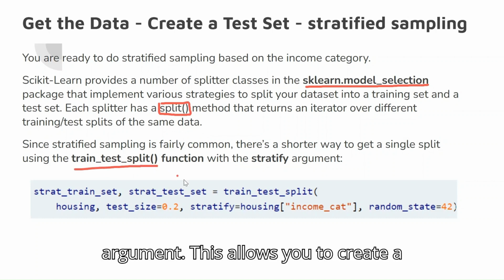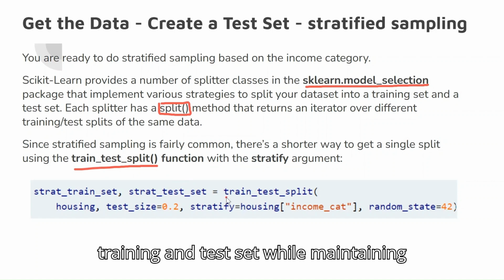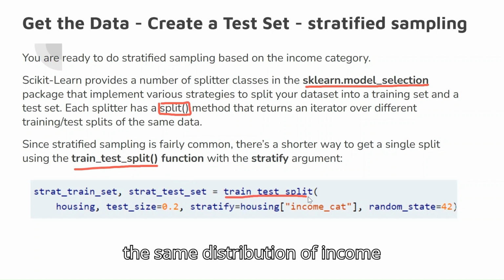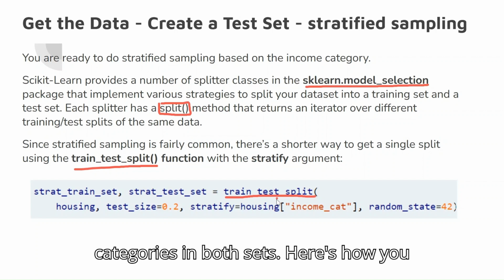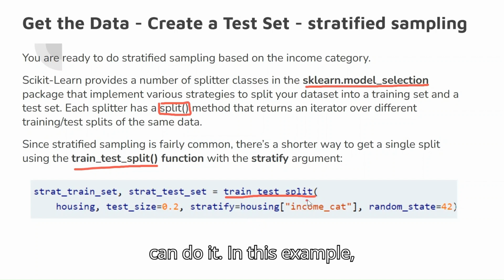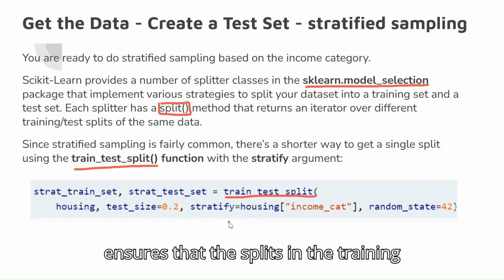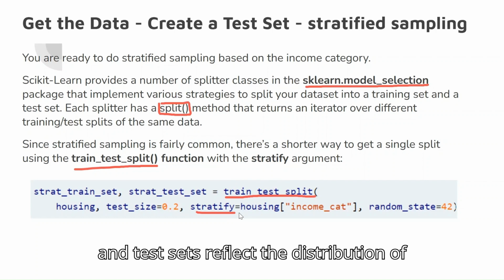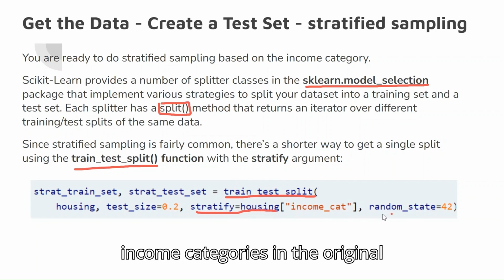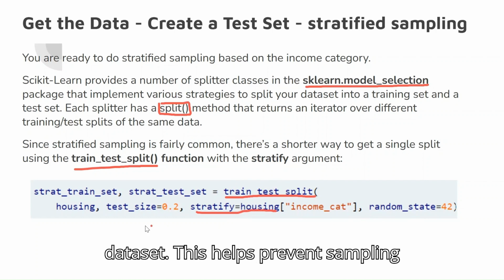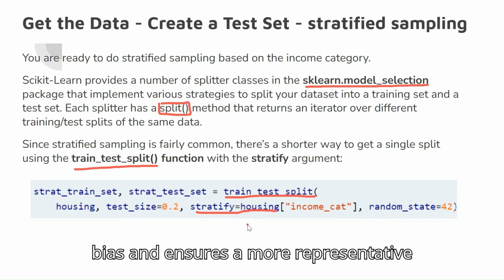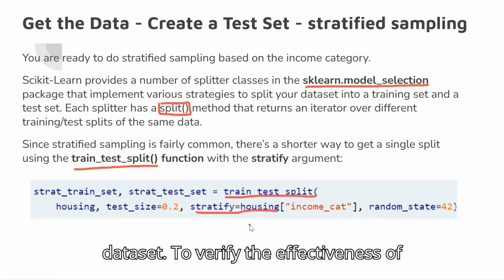This allows you to create a training and test set while maintaining the same distribution of income categories in both sets. Here's how you can do it. In this example, stratify equals housing income_cat ensures that the splits in the training and test sets reflect the distribution of income categories in the original dataset. This helps prevent sampling bias and ensures a more representative dataset.